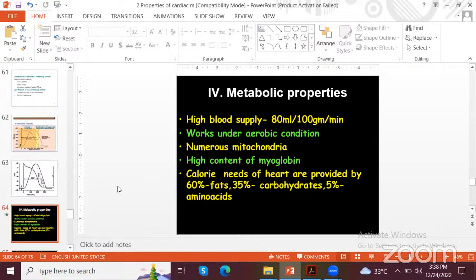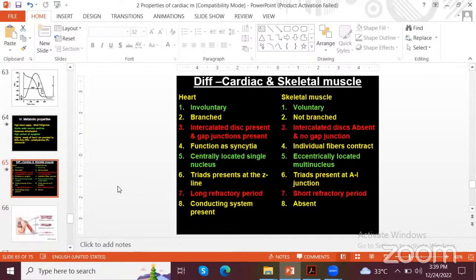Myoglobin is a protein, just like hemoglobin, which helps in the storage of oxygen and is present in the most working muscles. And the calorie needs of the heart are provided by 60% fats, 35% carbohydrates, and around 5% amino acids.